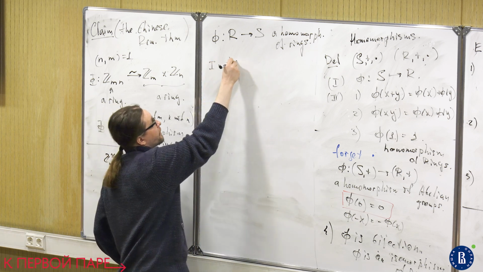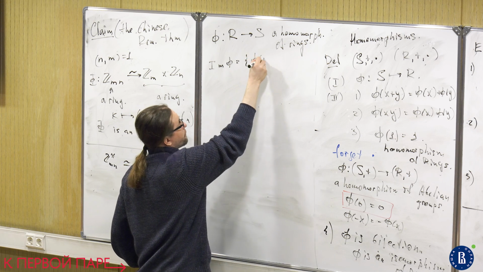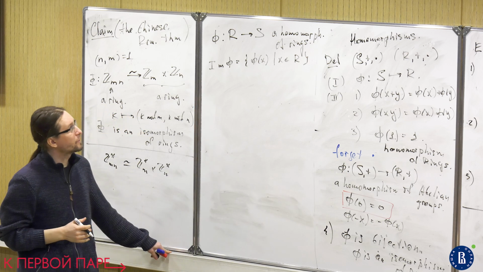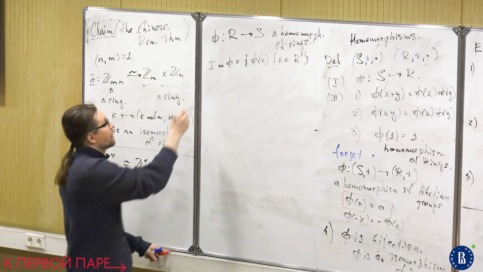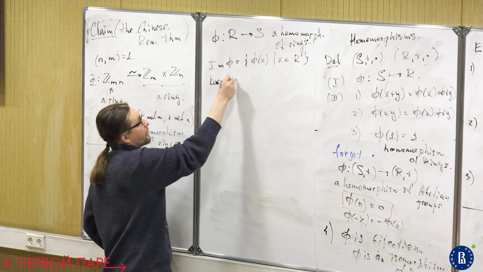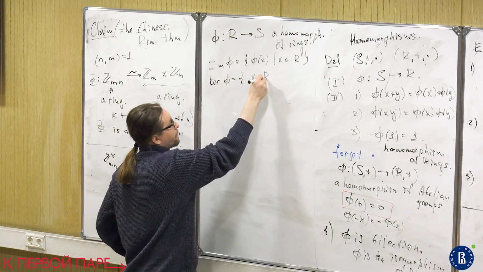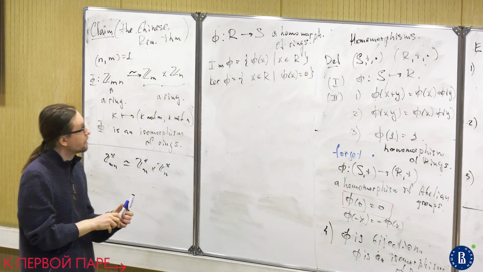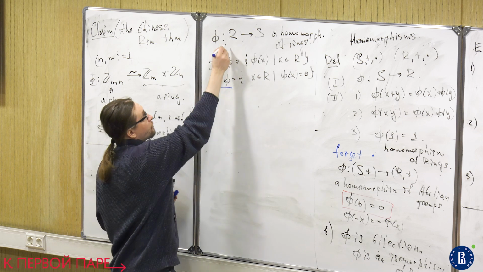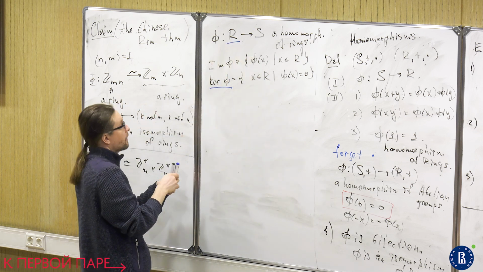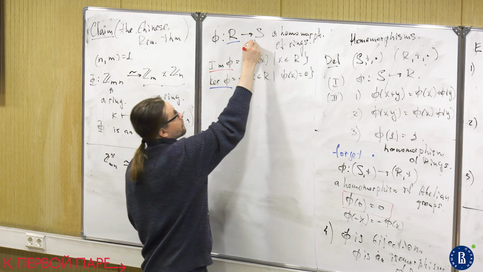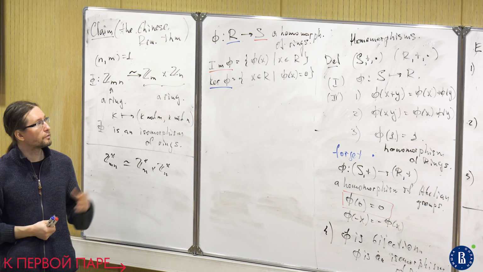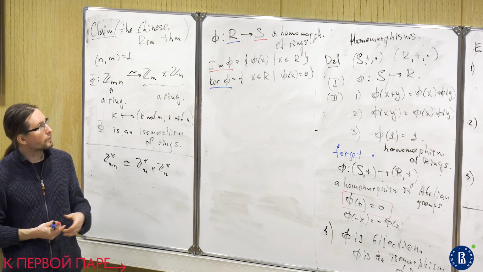The image of phi is the set of all elements of the form phi of x, where x goes through all elements of R. So this is just the set theoretical image. And the kernel of phi is the set of all elements of R such that phi of x equals 0. So the kernel is the set of elements here, and the image is the set of elements here. As before, the kernel lives on the left, and the image lives on the right.